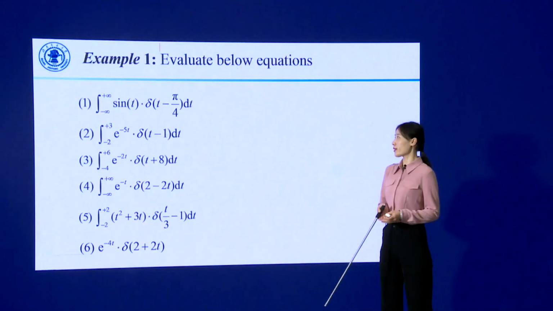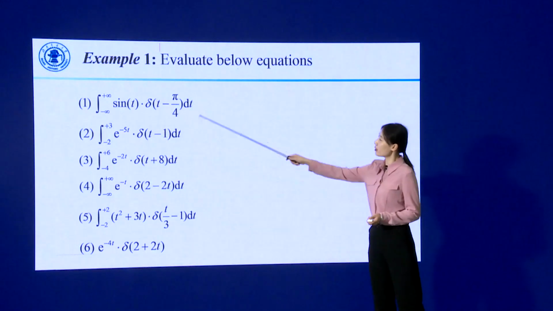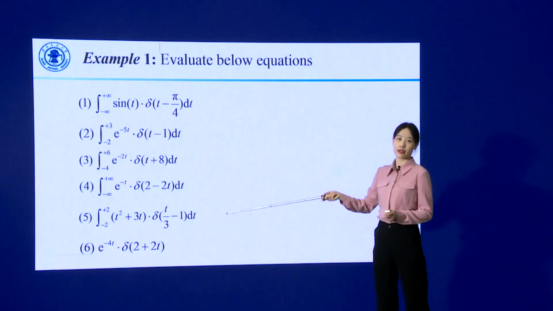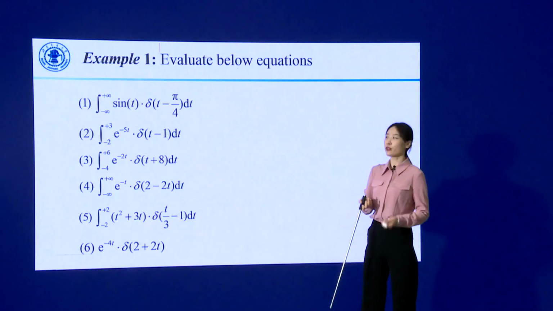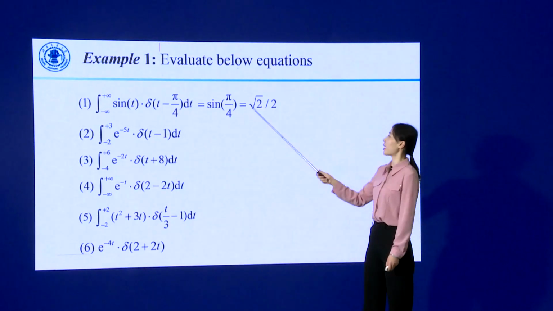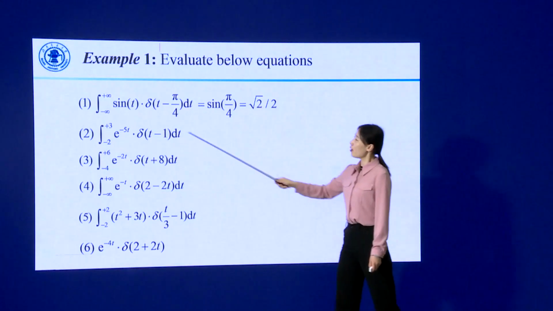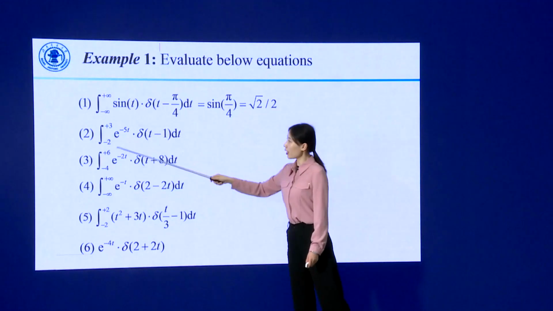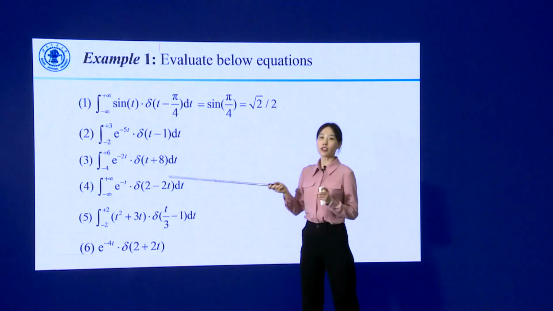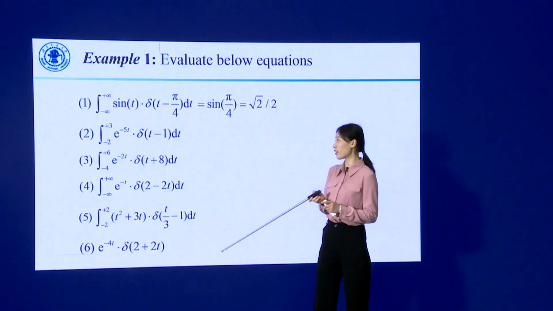Here is one example to evaluate the below equations. For the first equation, we can use the sampling property and we can get the result. For these two equations, the integration interval is not minus infinity to infinity.